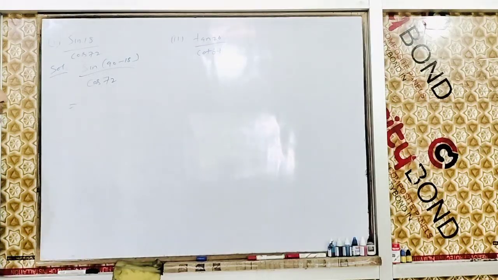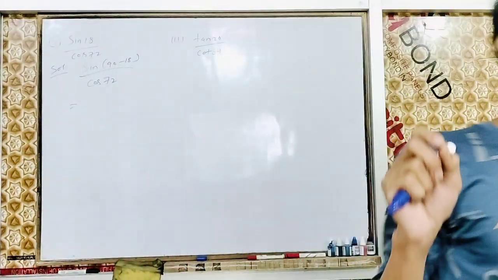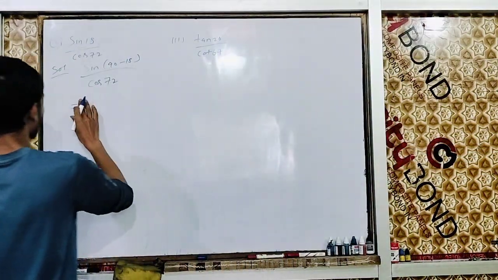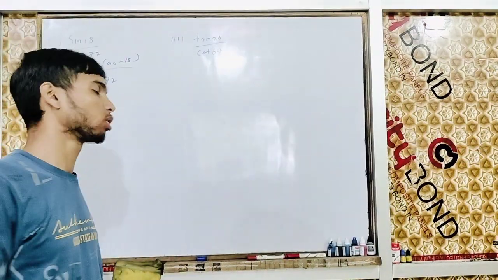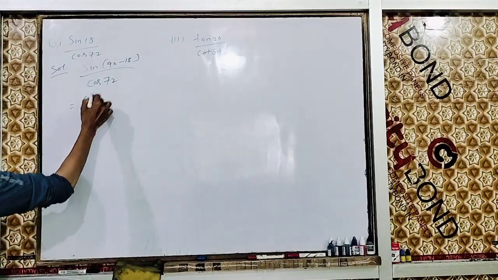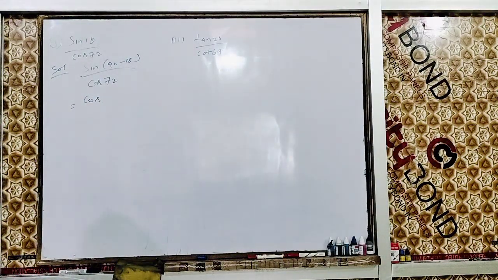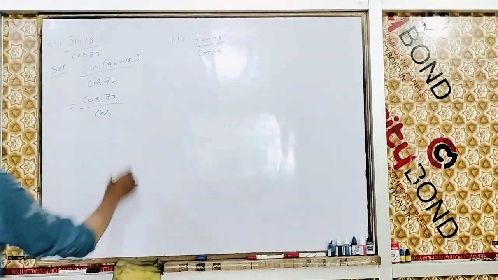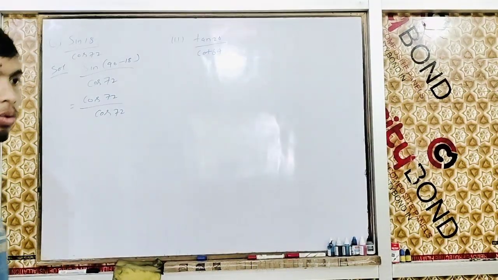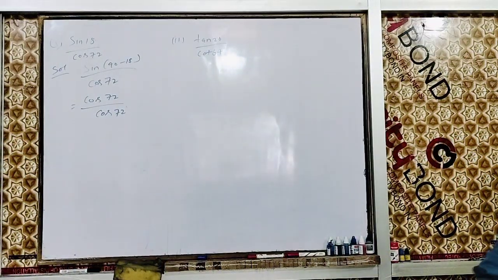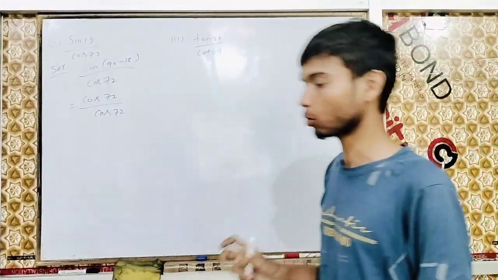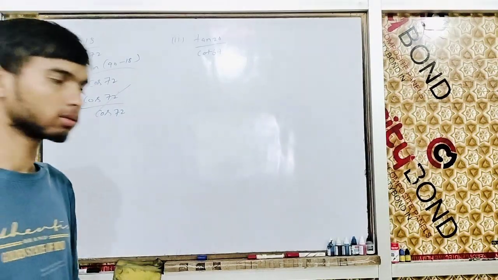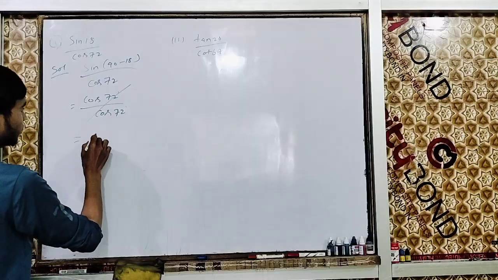Now, when it is like that, we will change the sign of this trigonometric ratio to its opposite. The opposite of sine is cos, okay, and here we subtract 18 from 90, then it will become 72, and the denominator should stay as it is. Here both are the same, which is a fraction, so you know it will give us 1.